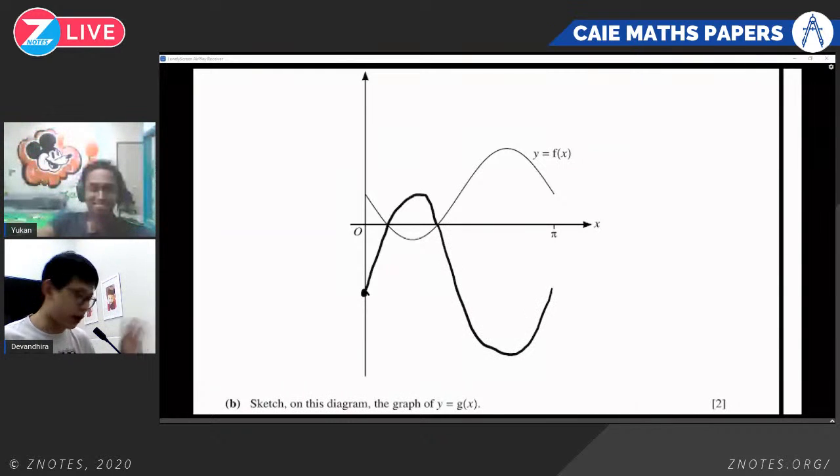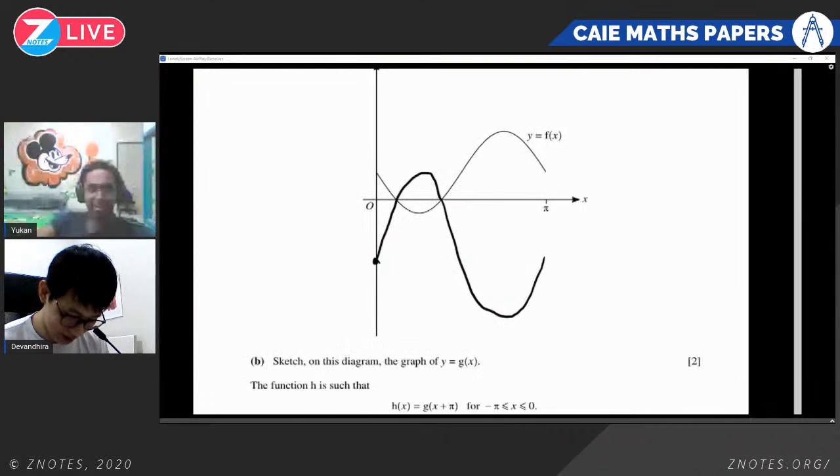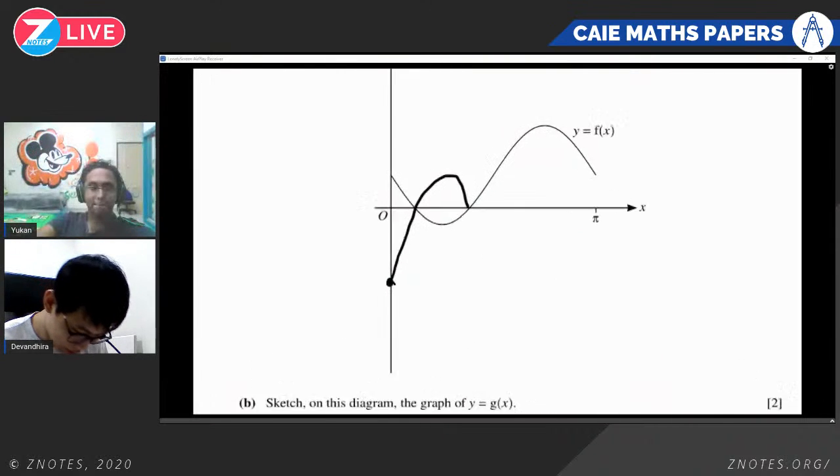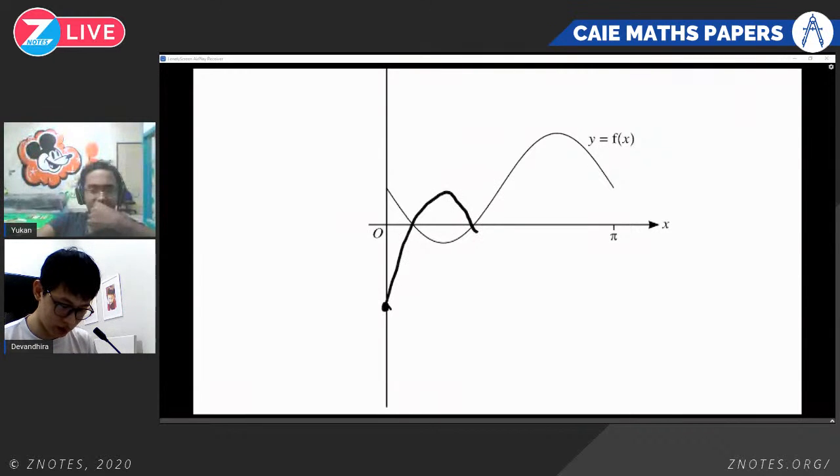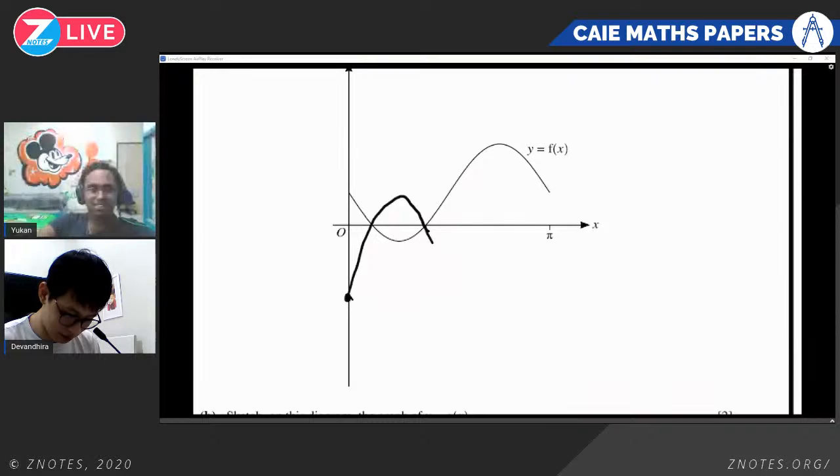Right, that's the best I can do. Sorry. Your first stationary point should be higher. Oh, sorry. It should be higher, right? There, I made it higher.